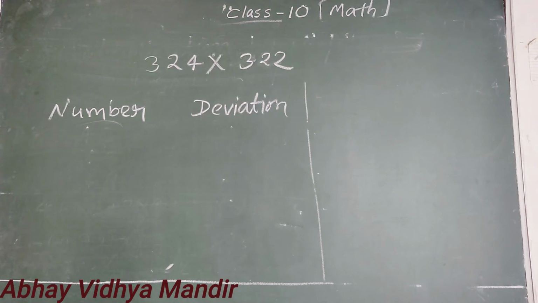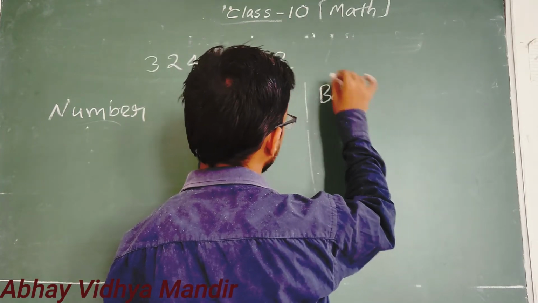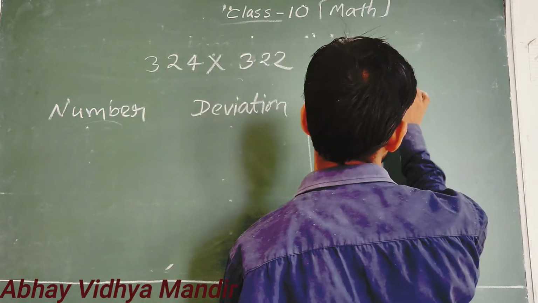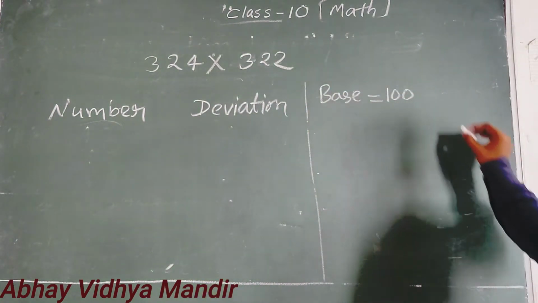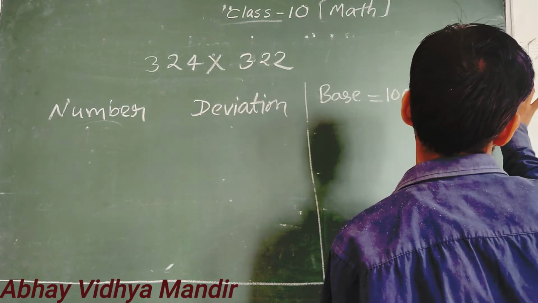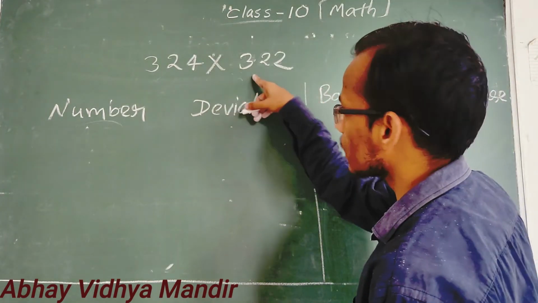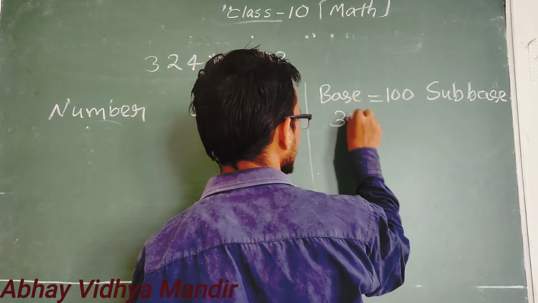324 multiplied with 322. So what is the base? Here hundreds place values are there, a 3 digit number. So base we will take 100. Base is 100. Sub base is a multiple of 3, so 300.